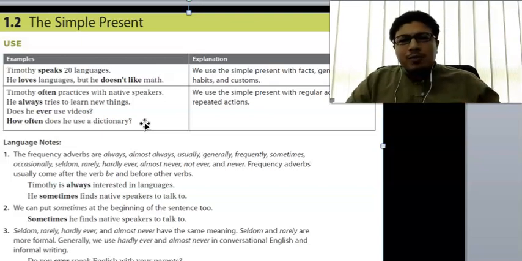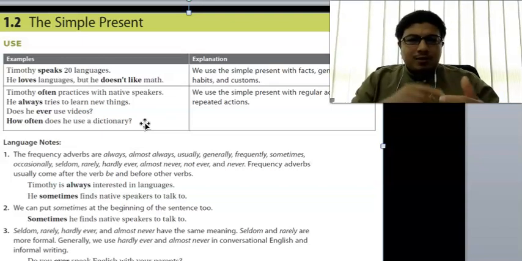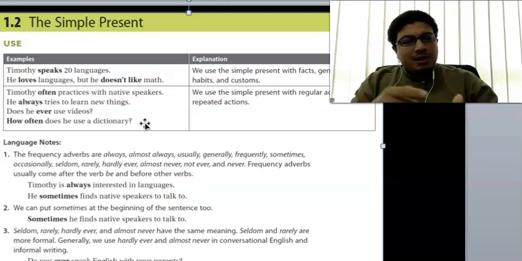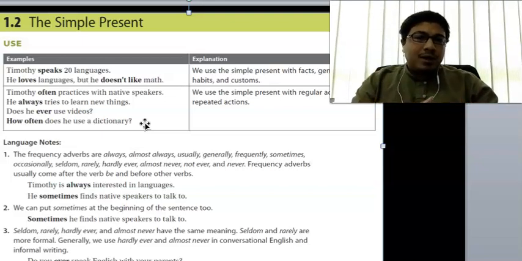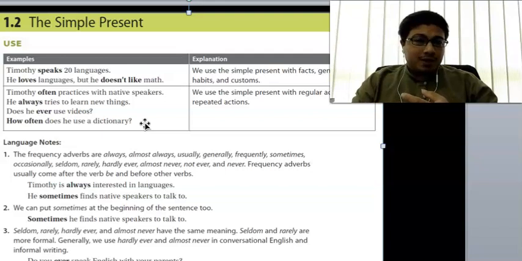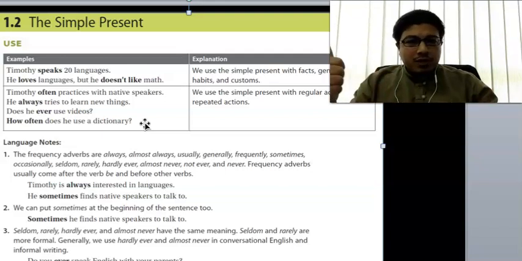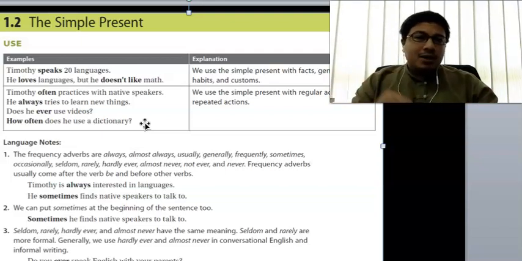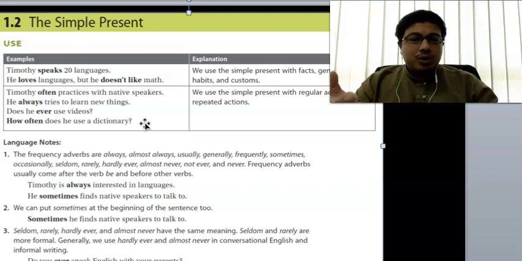So normally with simple present tense, we use always. We use every. For example, when you say, I drink coffee every morning. I always go to school at 7. I always watch movie in the evening. So you have the words like always, every day, every week, or usually, or frequently, or sometimes.